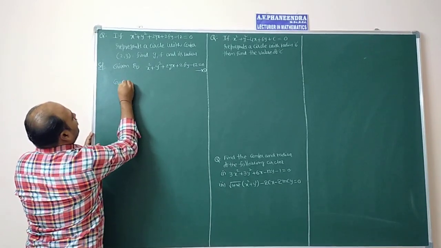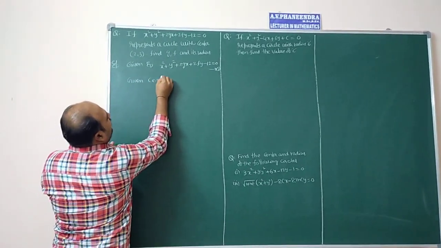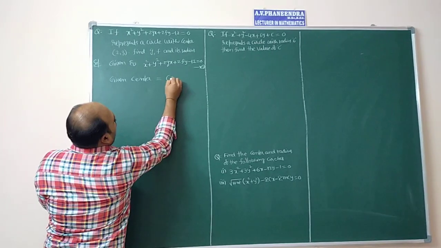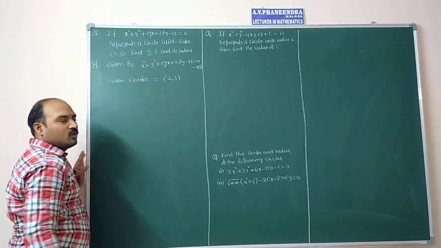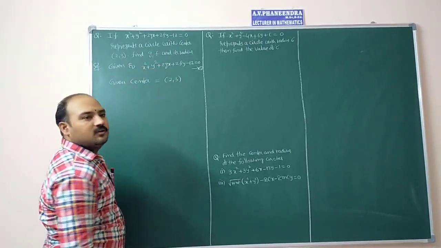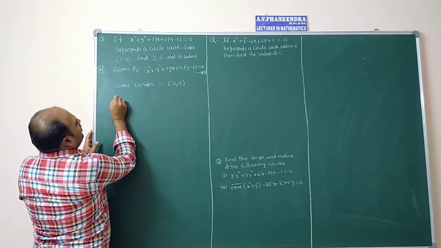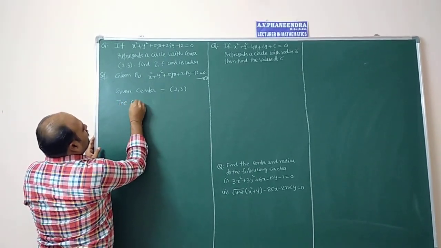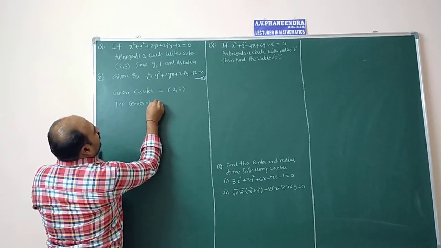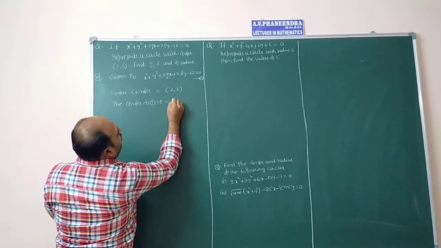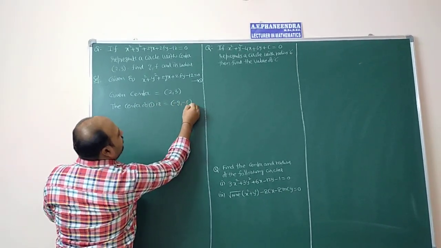Given center 2, 3. What is the center of this circle? The center of equation 1 is minus g, minus f.